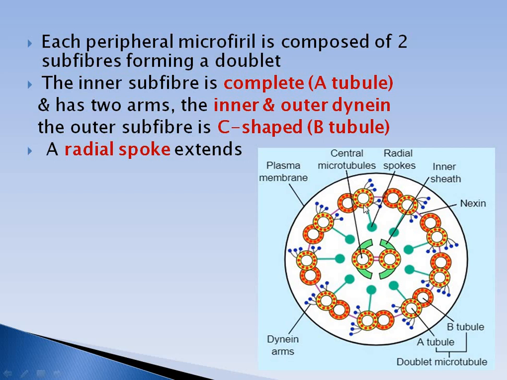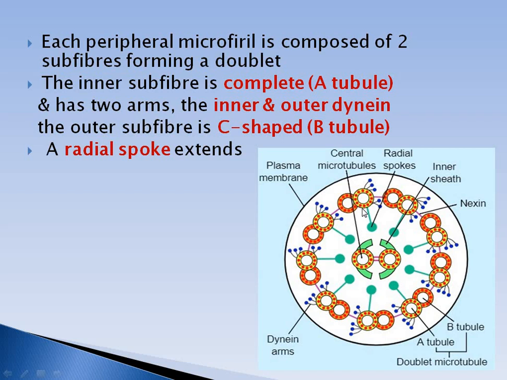The complete one is called A tubule and the C-shaped or incomplete one is called B tubule. To the A tubule, 2 arms are attached which are made up of dynein protein. This is the outer dynein and this one is the inner dynein.